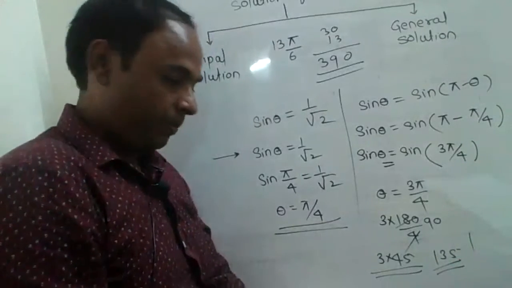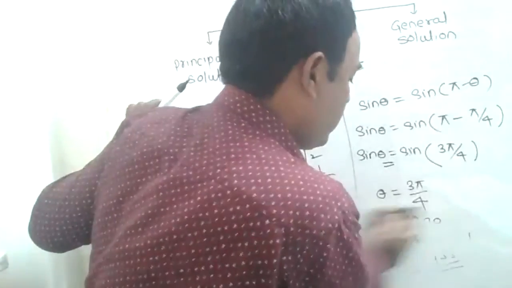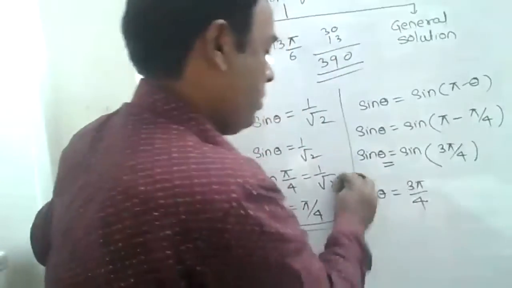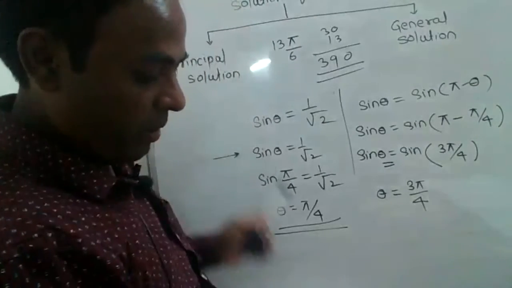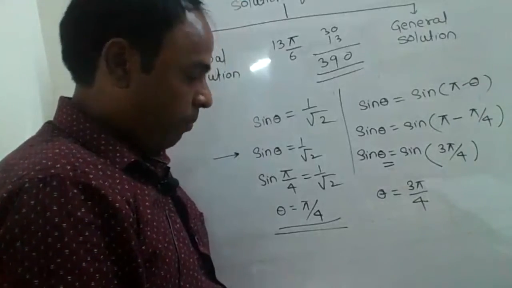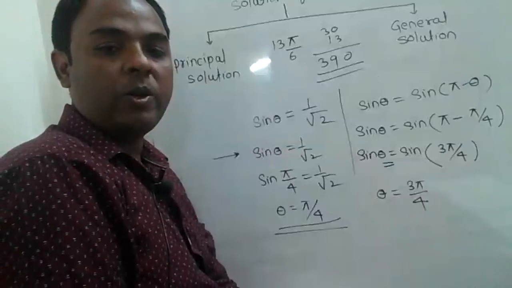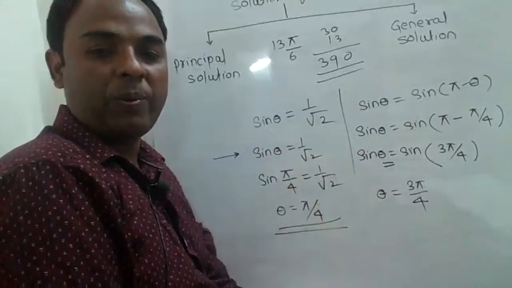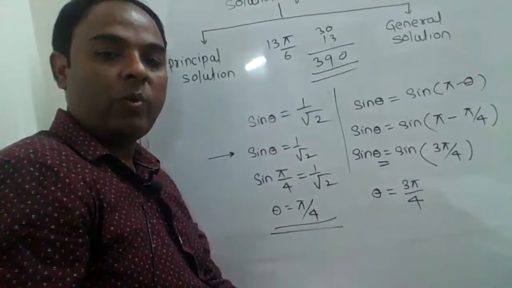So therefore sin theta equal to 1 by root 2 has two principal values. So pi by 4 and 3 pi by 4 are the principal solutions of sin theta equal to 1 by root 2. ठीक है ना?